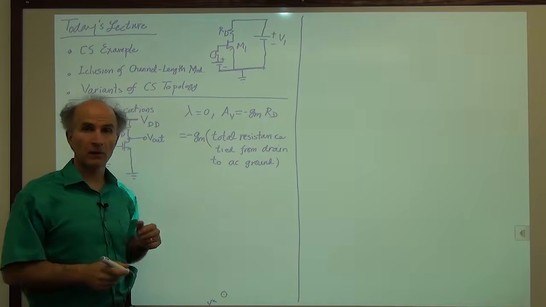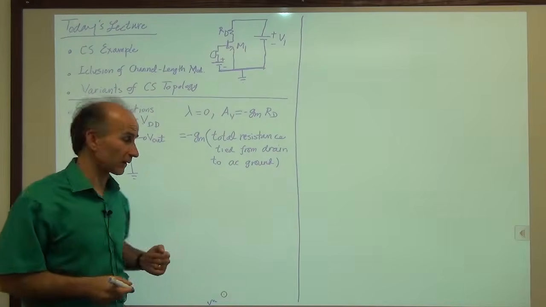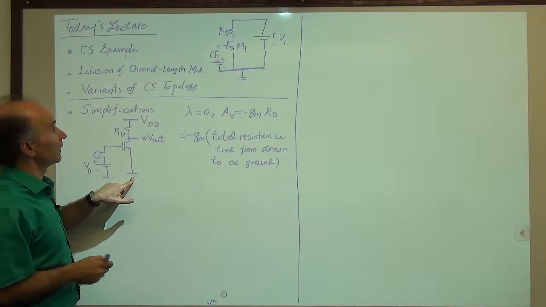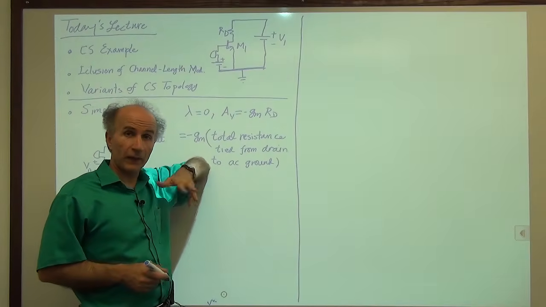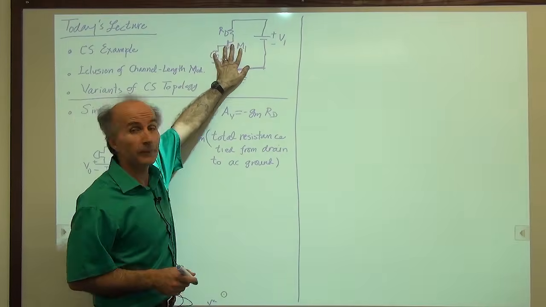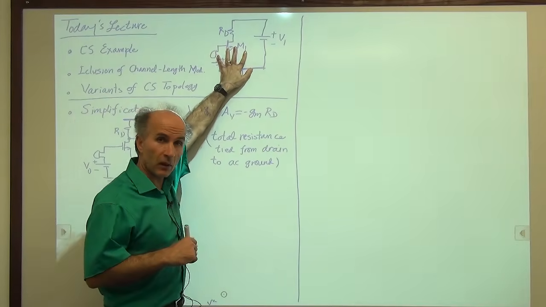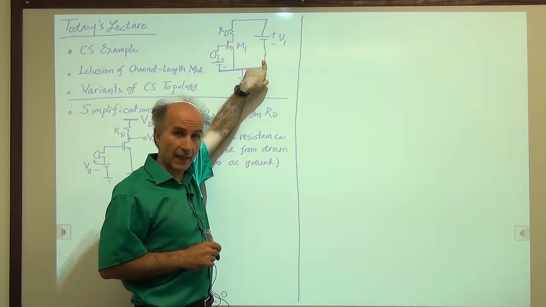AC ground means all grounds that we have. Some of the grounds are hardwired. They're already there. For example, this is a hardwired ground. We had it from the beginning. But some grounds are AC grounds, meaning that they did not appear in the original circuit. But when we drew the small signal model, we ended up grounding this top terminal, if you remember from the last lecture.